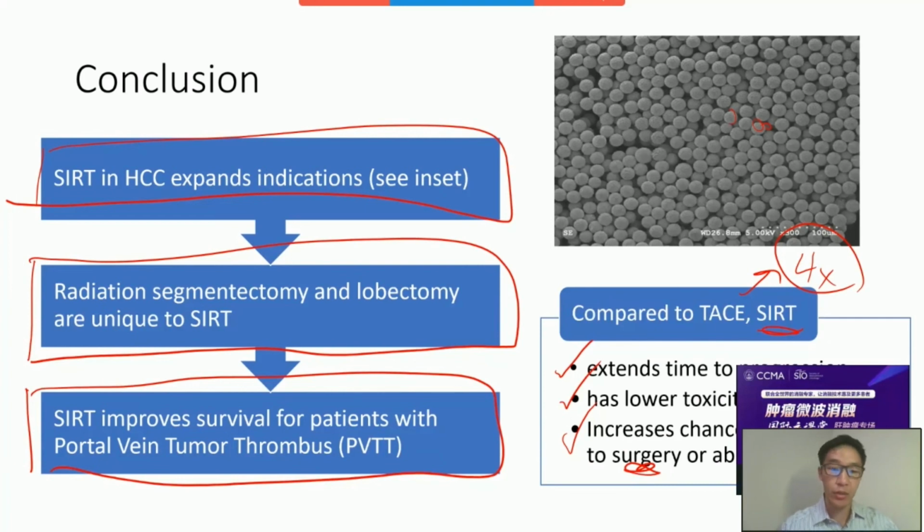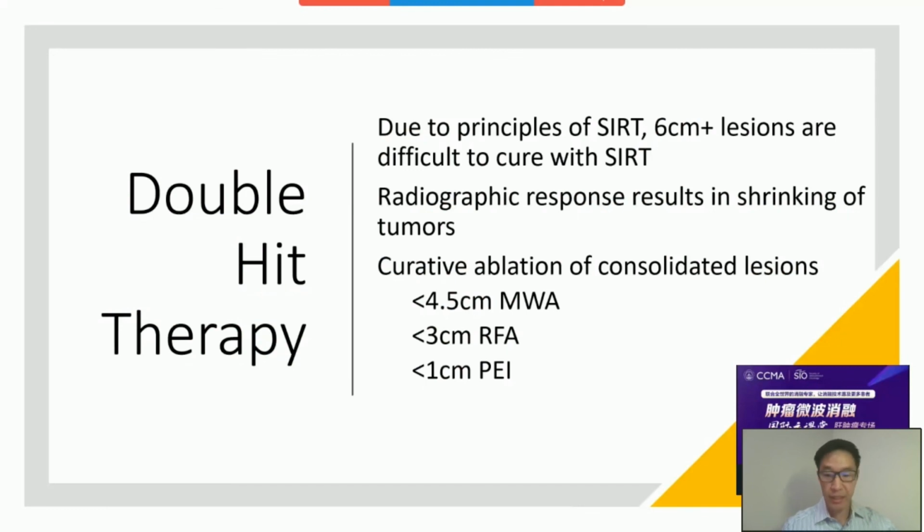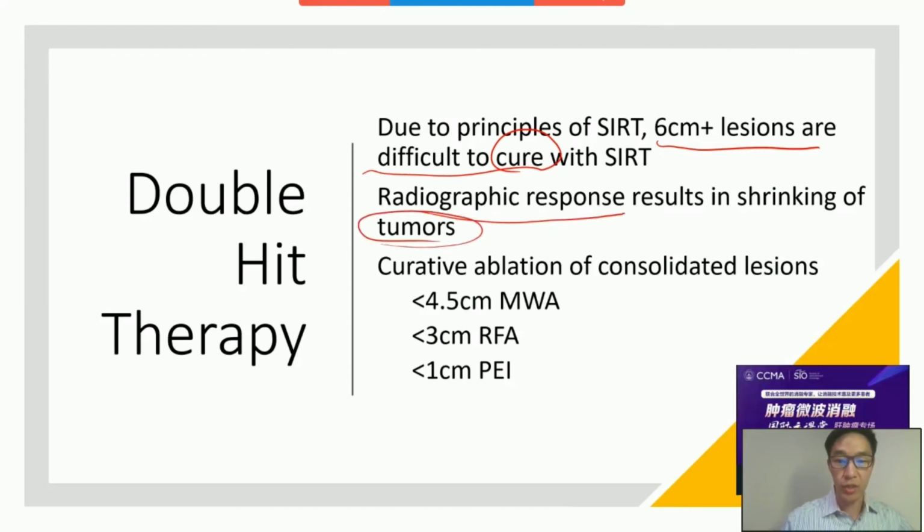One last point I'd like to bring up, although we did not go into the fine details of SIRT therapy, due to the principle of SIRT therapy, lesions of greater than 6 centimeters are difficult to cure with SIRT. We can shrink them down, but it's difficult to cure. In these cases, the radiographic response results in a significant shrinking of the tumors.